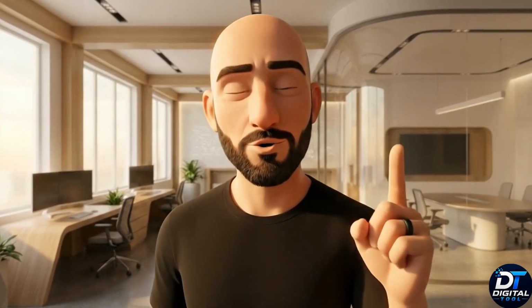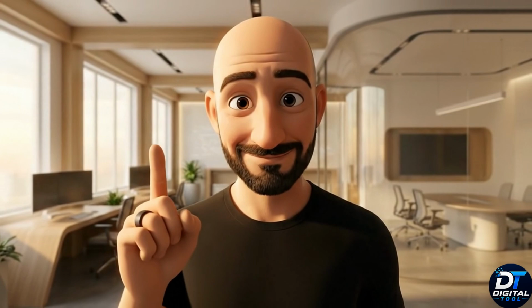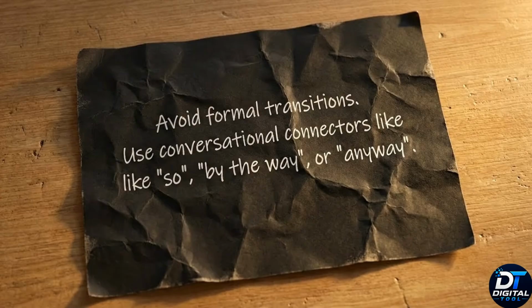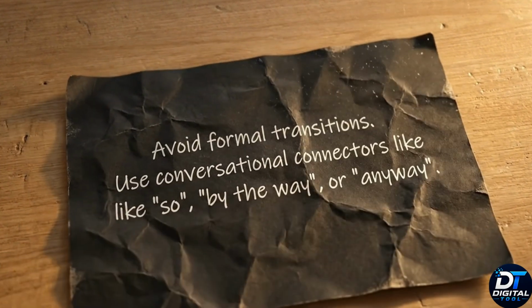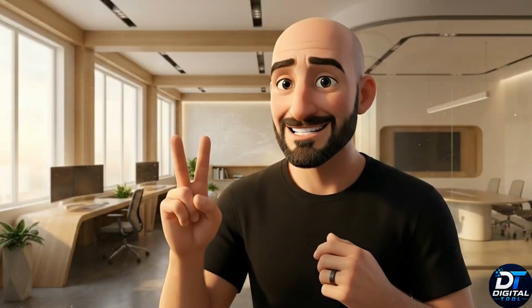So what you can do is prompt ChatGPT with this. Avoid formal transitions. Use conversational connectors like so, by the way, or anyway. And this instruction is also suited for both video and written work.